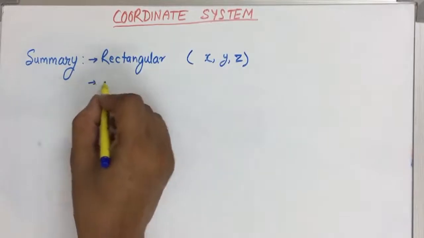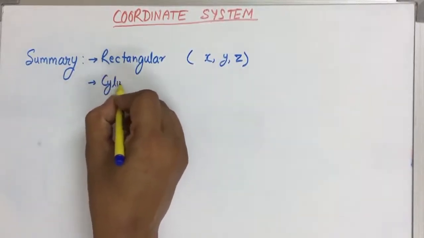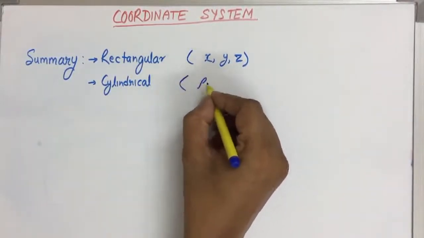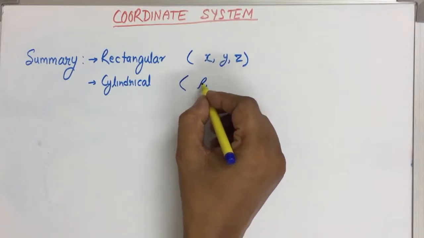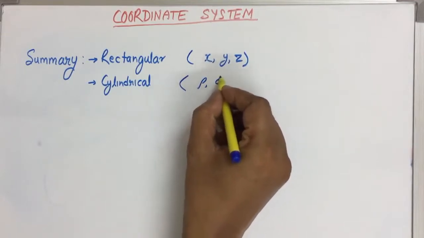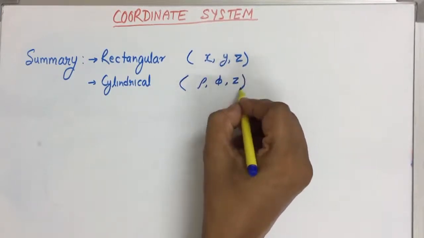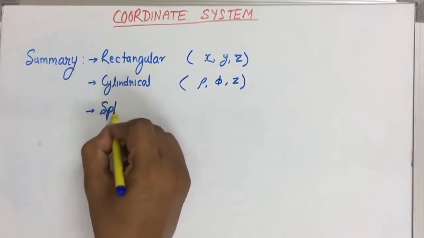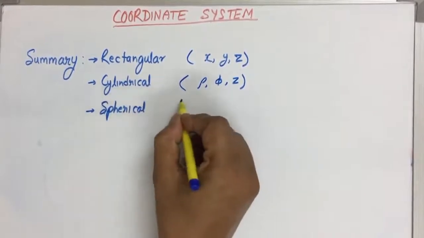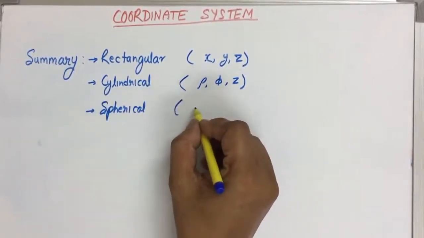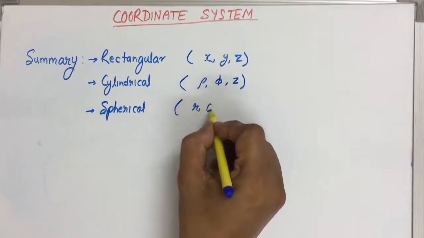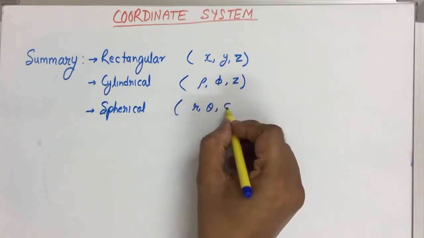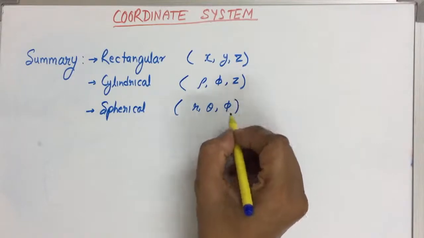The second thing was the cylindrical coordinate system, in which the coordinates were radius, represented with rho, phi, the azimuth angle, and z. The third thing that we discussed was the spherical coordinate system, where the variables were the radius of the sphere and the angular positions from the z axis and from the x axis in the xy plane.